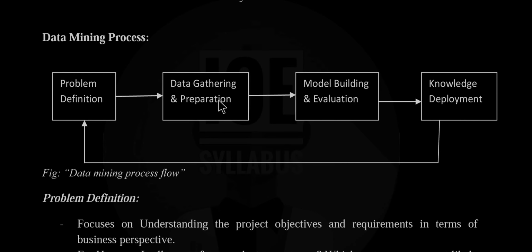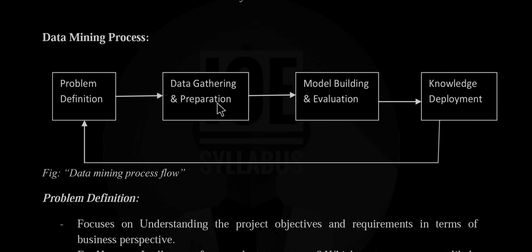Now, data gathering and preparation. What does data gathering mean in the context of this example? In data gathering, we will gather all the symptoms of patients who have previously suffered from cancer. In the past, those patients might have shown some symptoms, so we'll gather all the symptoms of cancer patients, and we'll try to prepare the data.